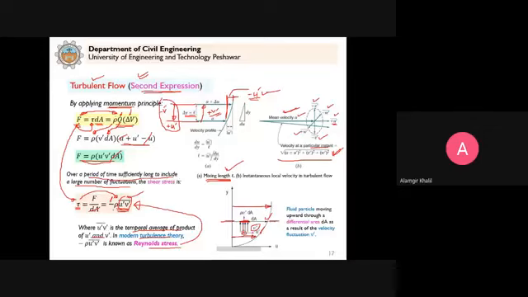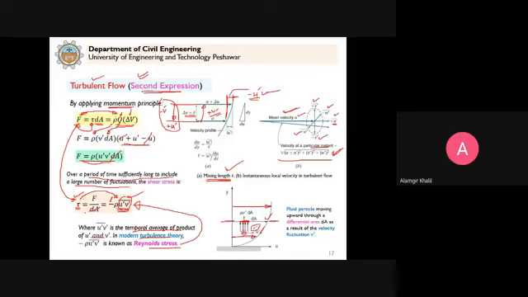So that is how this negative sign appears. It just shows the sense of how this product is considered. So this negative sign, considering this product, will give us the positive shear stress.